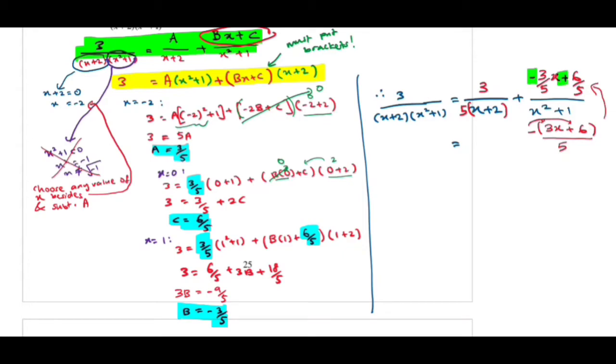So since I have taken out the negative sign, to make it equal to the first expression, I have to write down a minus sign here. So it's going to be negative 3x minus 6. When negative meets negative, it will be positive. So it will be the same as the first expression.